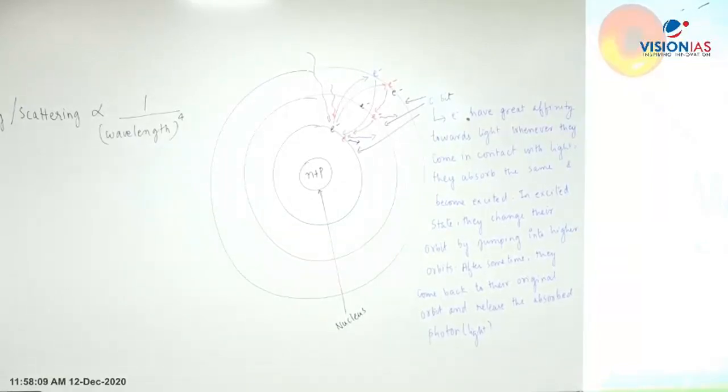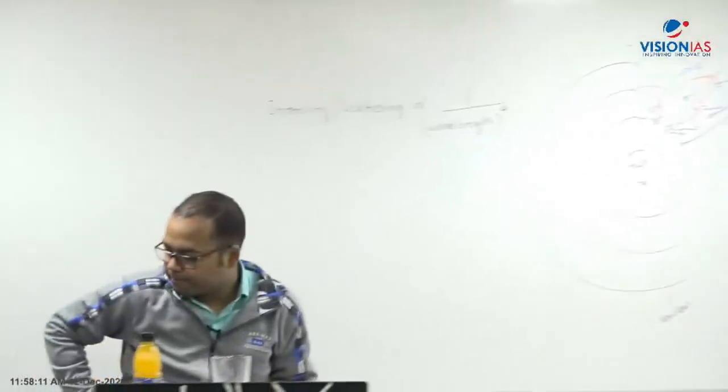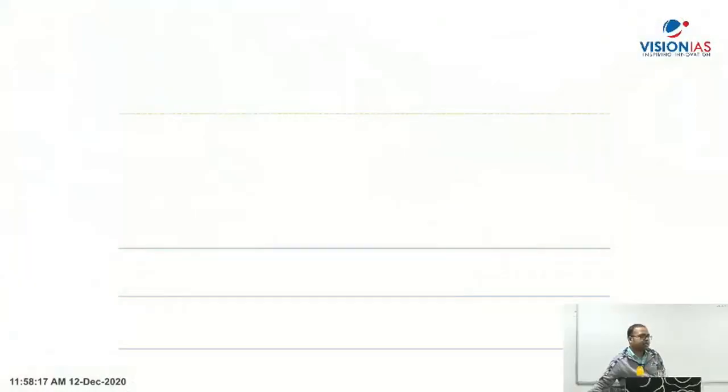Okay, come back to the PPT. Now see here, these are orbits on the PPT, the blue one and the dotted one. I have not made them circular because the diagram will be a bit complex. So to make it simpler, straight lines are made. Consider them as the circular orbits, right?